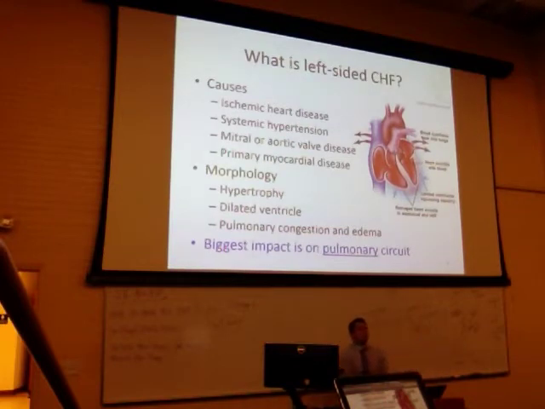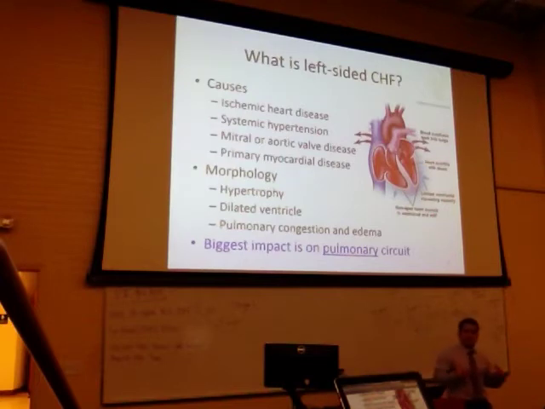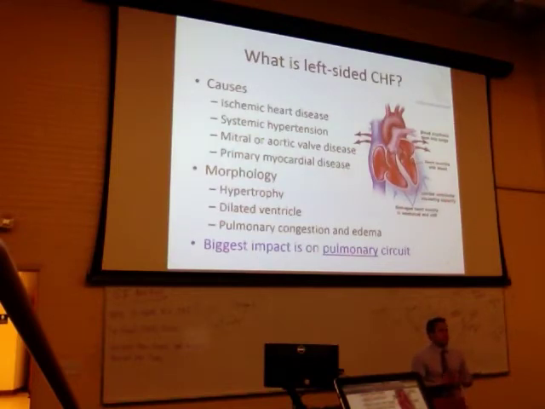So you get a lot of fluid collecting in the lungs because it's not being pushed out into the system. The biggest impact clinically on these patients with left-sided heart failure, which is the more common of the two, is the pulmonary circuit. There's a lot of fluid, edema, and pressure within the lungs. It's hard to breathe. That's why we call it congestive heart failure.